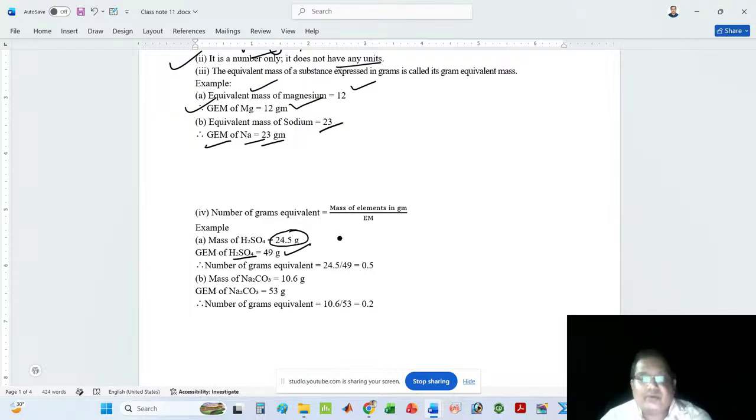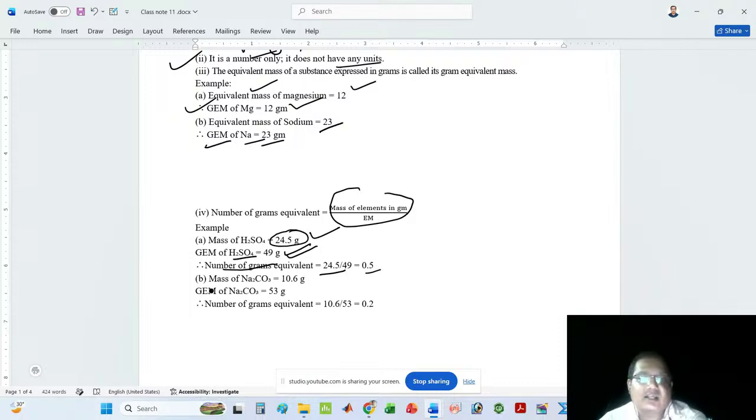Then you can find it using this formula. The amount of H2SO4 given is 24.5. What is the gram equivalent mass of H2SO4? That is 49 gram. Now the number of gram equivalent is equal to what? 24.5 divided by 49 is equal to 0.5.